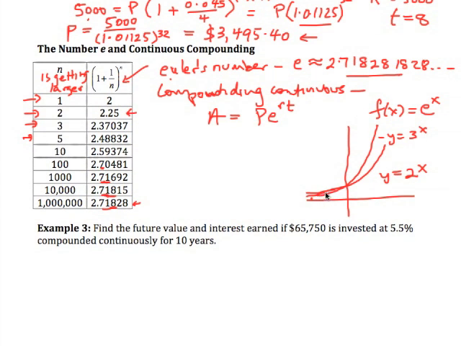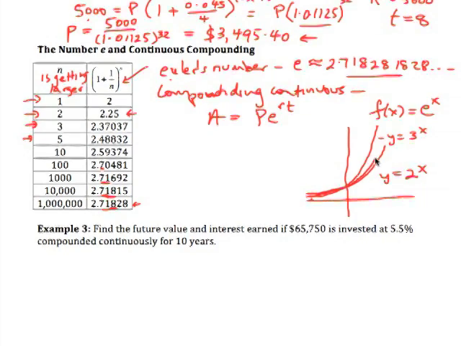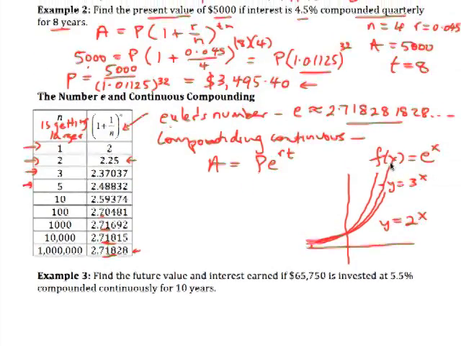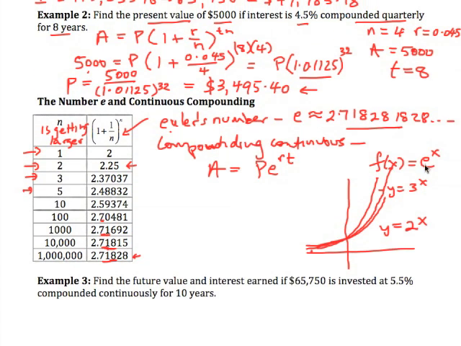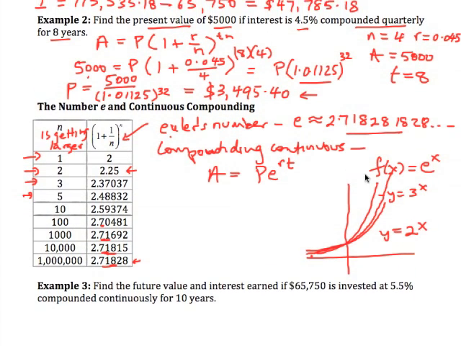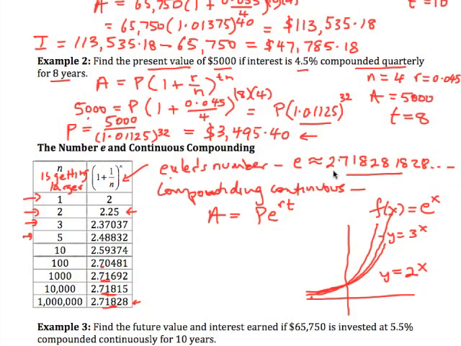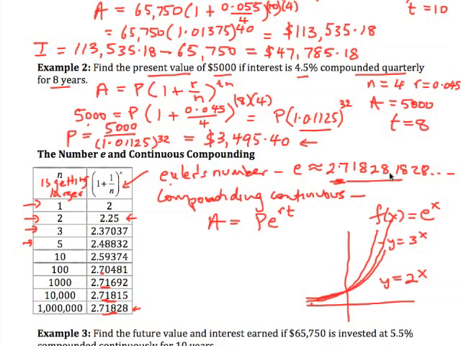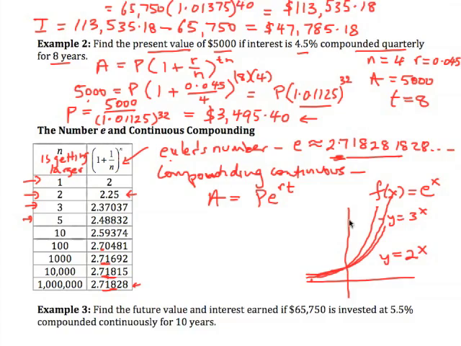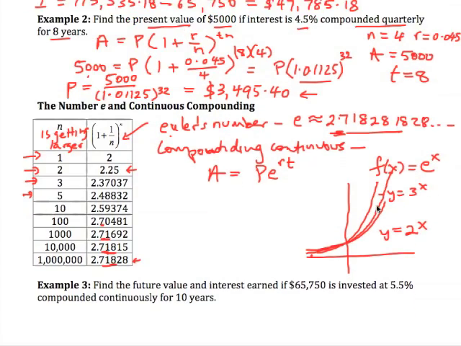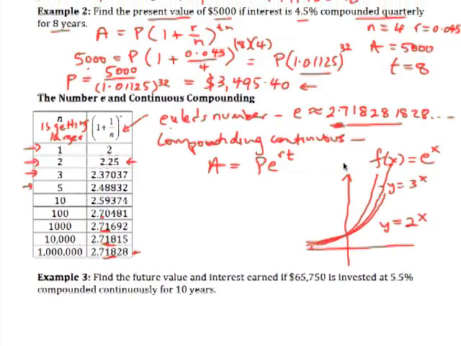Then in between those two we'd have f of x equals e to the x, because e is somewhere between 2 and 3, since it's 2.718281828 and continuing.